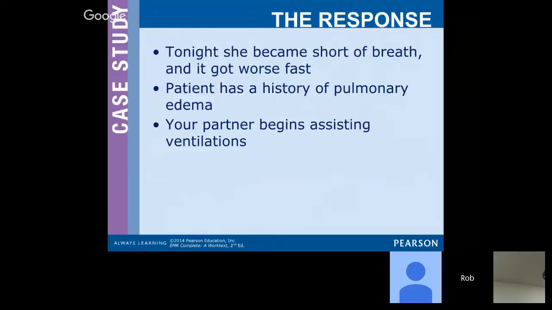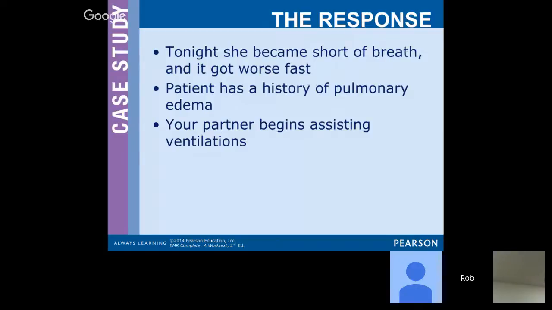CPAP is continuous positive airway pressure. So basically, as they take a breath in, they have some pressure. As they breathe out, they're breathing out against pressure. That pressure keeps the alveoli open. I'm going to show you guys a video that shows you what a lung looks like with PEEP.